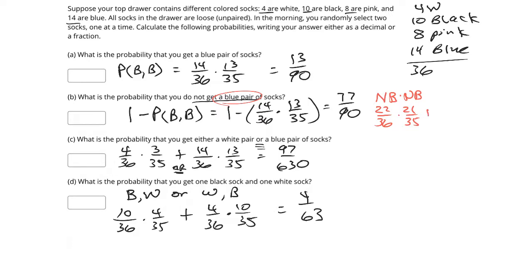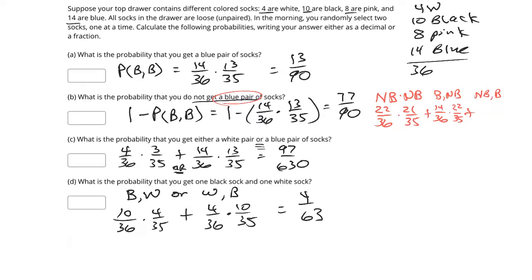If you're not getting a pair of blue socks, that means you could have one of them being blue. So then you're going to have to add to it the probability of drawing blue followed by not blue, and then add to it drawing a not blue followed by a blue. So then I would have to multiply each of those to get that figured out. So I would have the blue being 14 out of 36, and then not blue would be the remaining 22 socks out of 35.